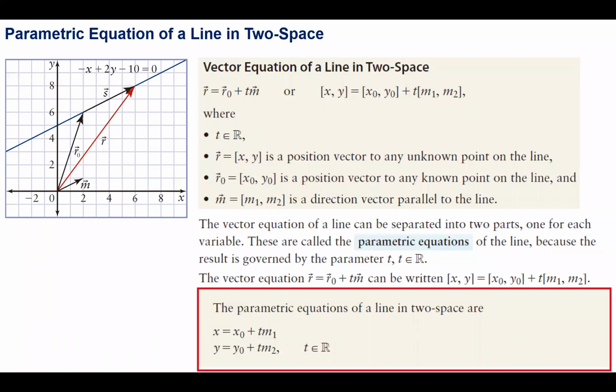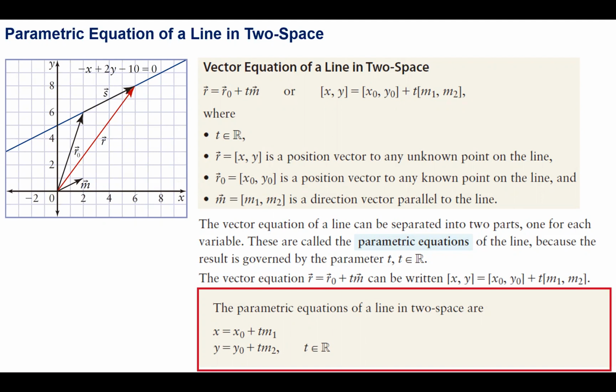The parametric equations of a line in two space are represented in this way. First of all, x equals x naught plus t times m1. And then y equals y naught plus t times m2, where t belongs to the real number set.